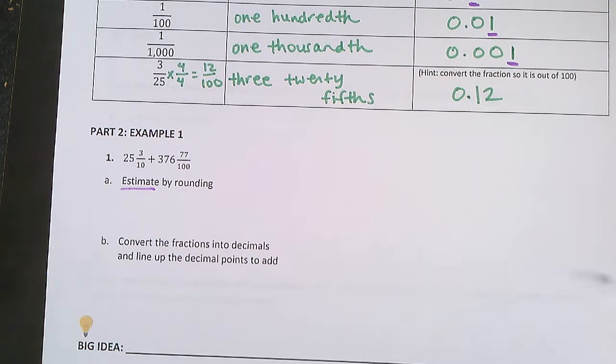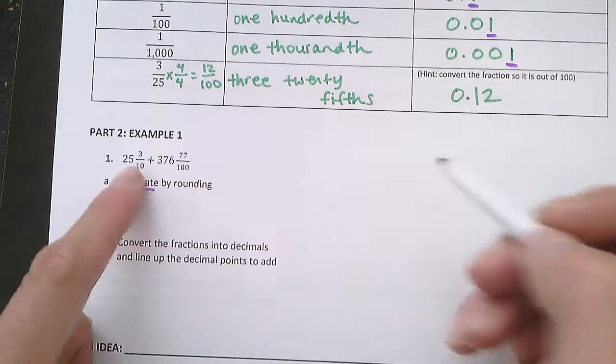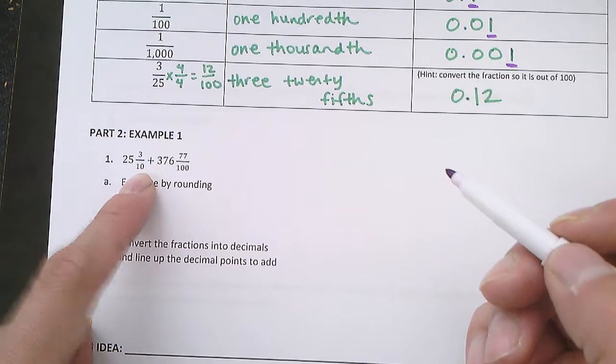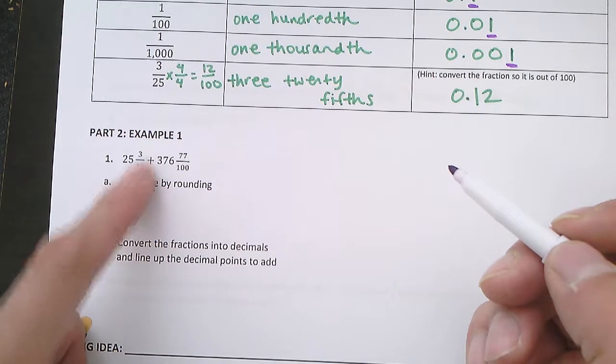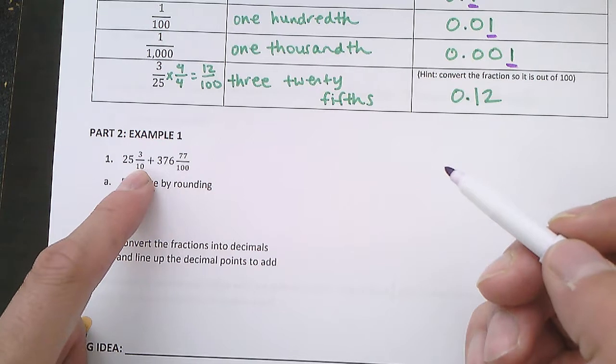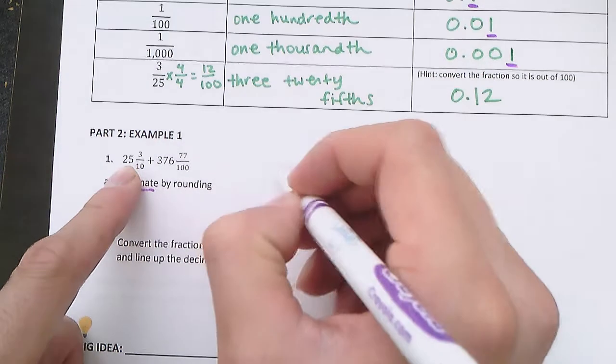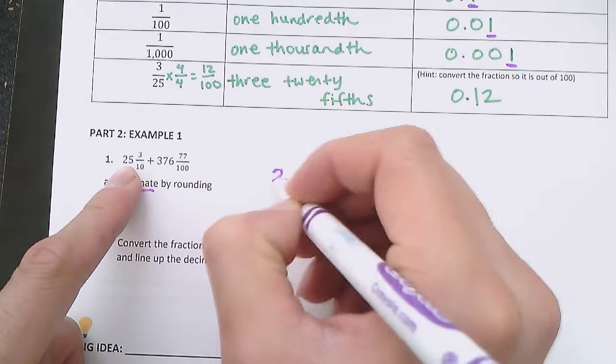So let's round each of these to the nearest 1. 25 and 3/10, that's between 25 and 26. And I think to myself, is 3/10 closer to 0 or closer to 1? 3/10 rounds down to 0, so it's going to stay at 25.